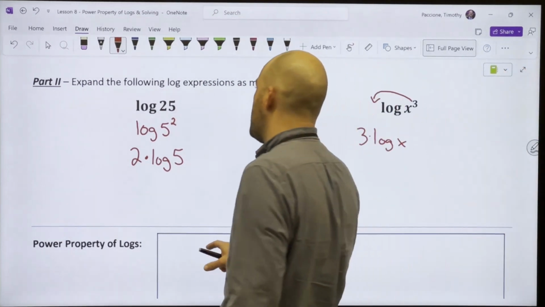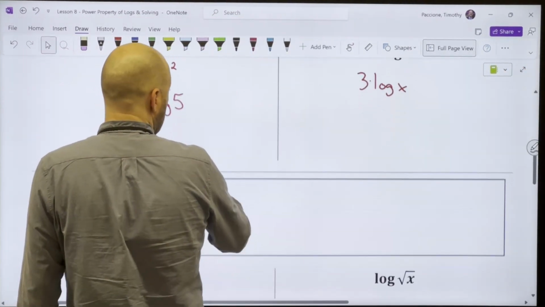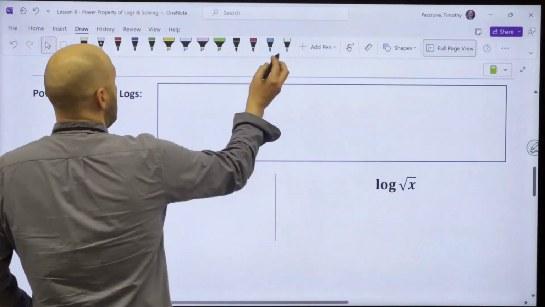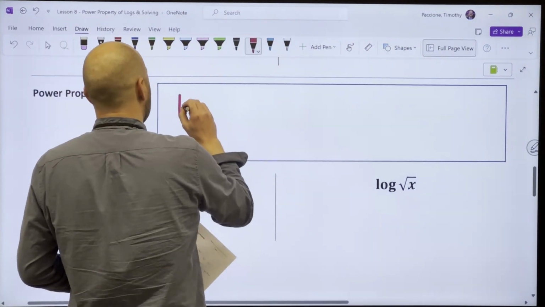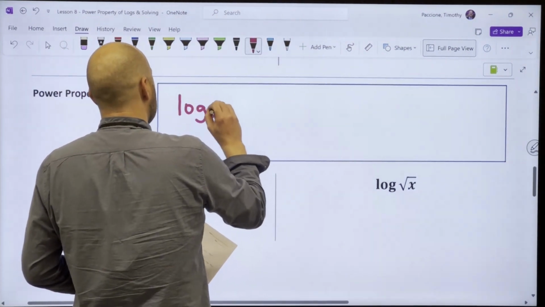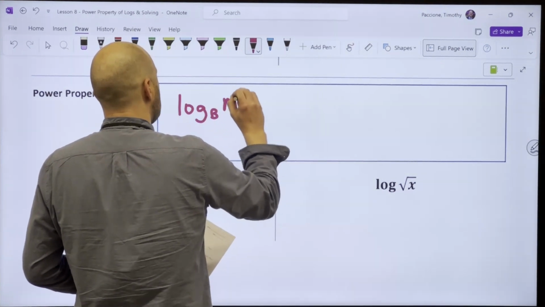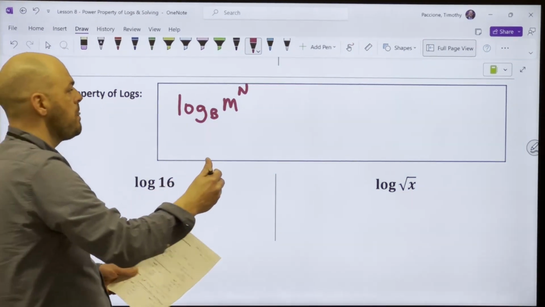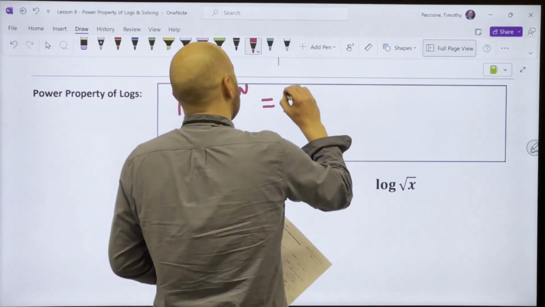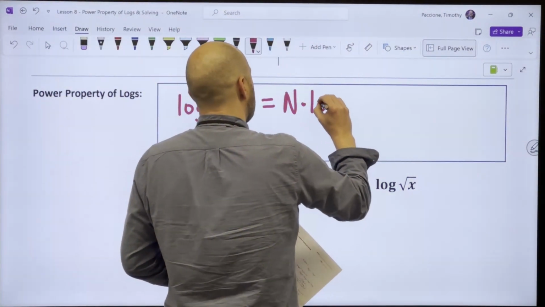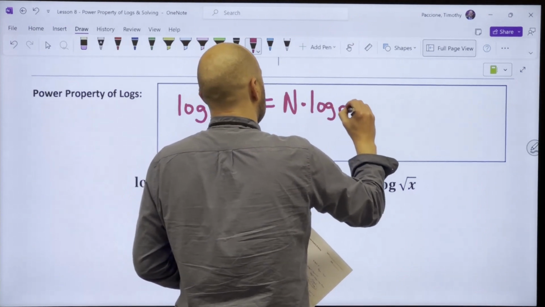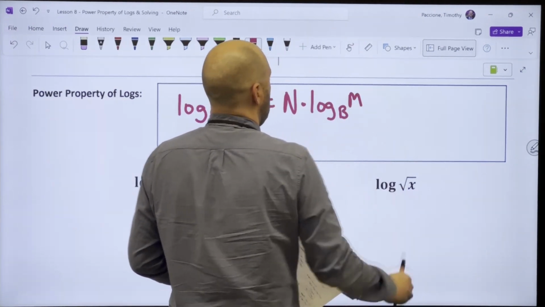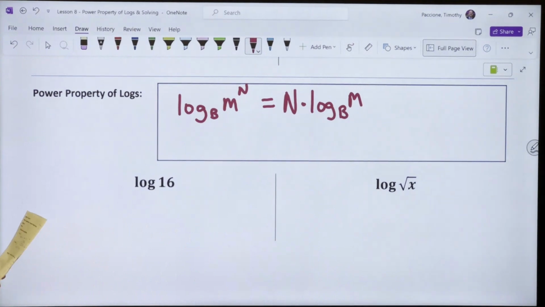Okay, so it seems like we've gotten the property kind of in mind, but we always define our properties. This is the power property of logs, okay? And it says if you have log of any base m to the n, meaning there's an exponent being raised inside the log, then that n comes out front and becomes a coefficient, and it multiplies by the log.